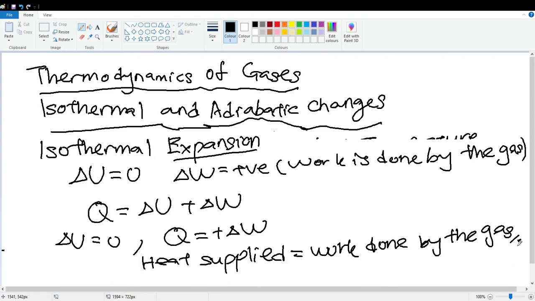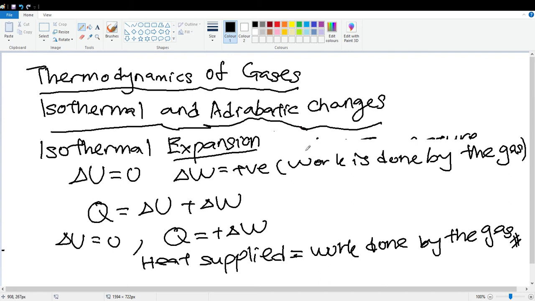From here, I can say that the total energy of the heat supplied is converted completely to the work done by the gas, which pushes the wall of the piston from the initial volume to the final volume.